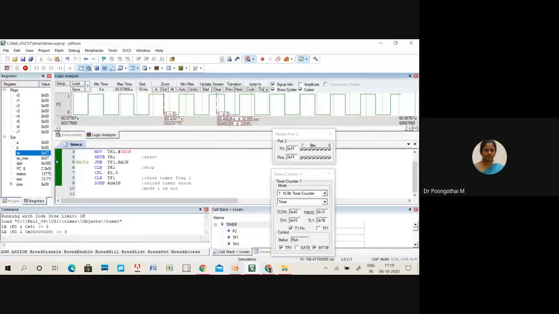For tracing the time period, you have to enable this one and place it here, and again place your cursor here. I am getting 18.4 milliseconds. It's an approximate calculation.